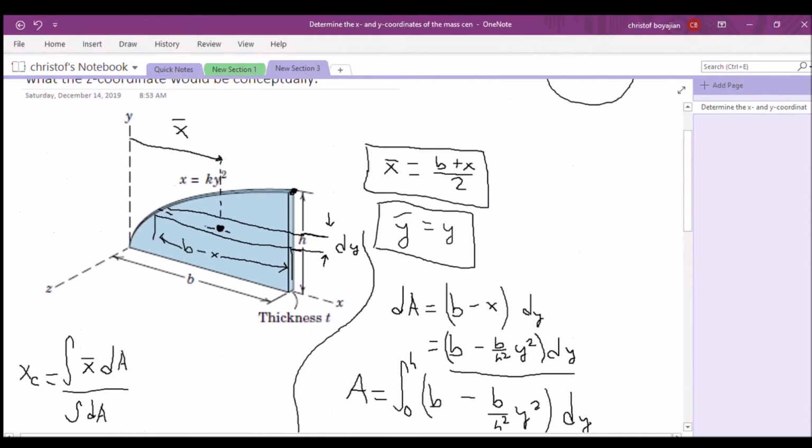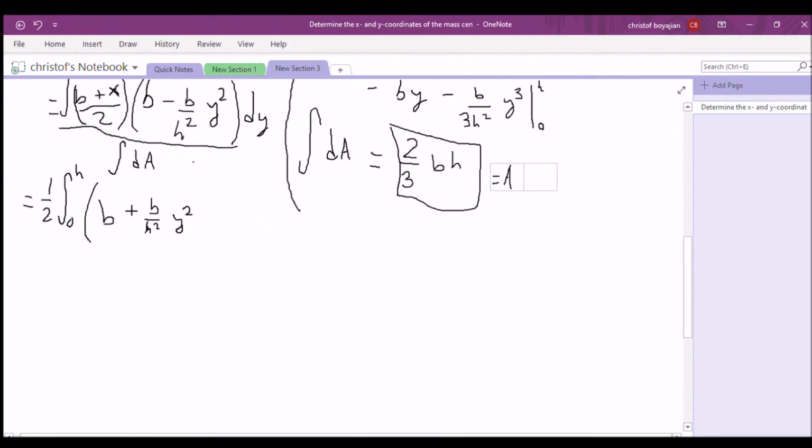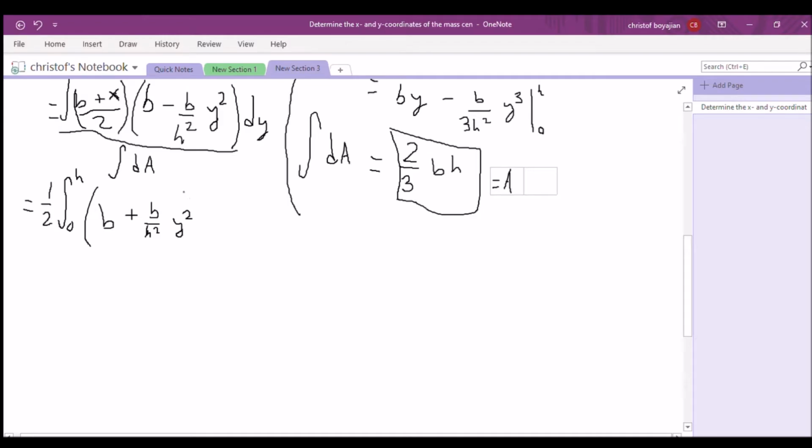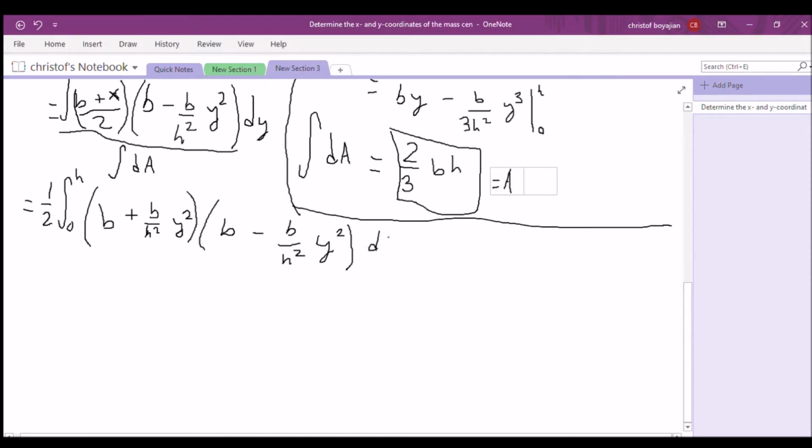All right. And this is multiplied by b minus b over h squared times y squared times dy, over all of our integrals of dA.